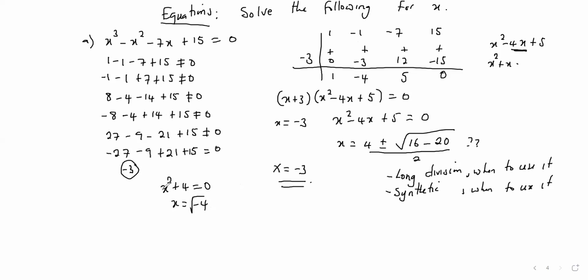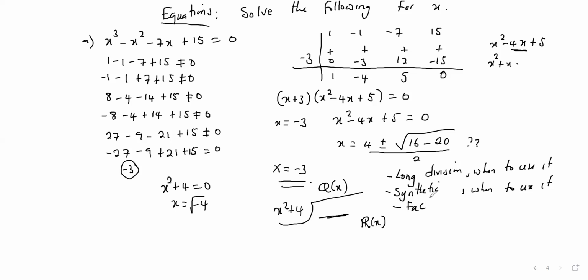So if I arrive at x^2 + 4, the best method to use is long division, so that you keep this side, and then you place whatever dividend you are given inside. You will get your quotient, you will get your remainder.